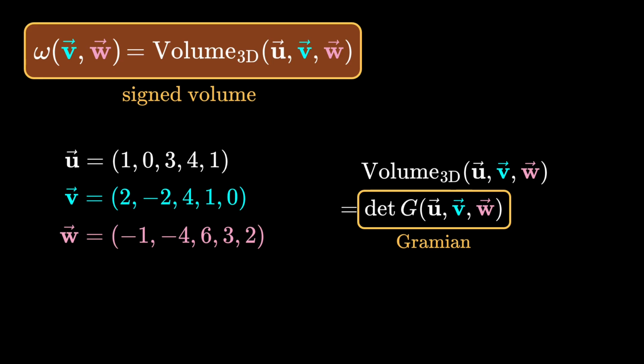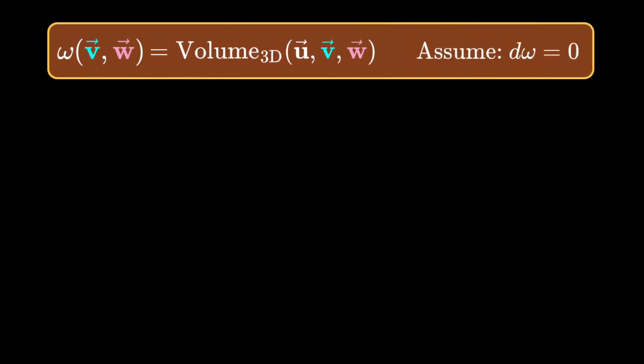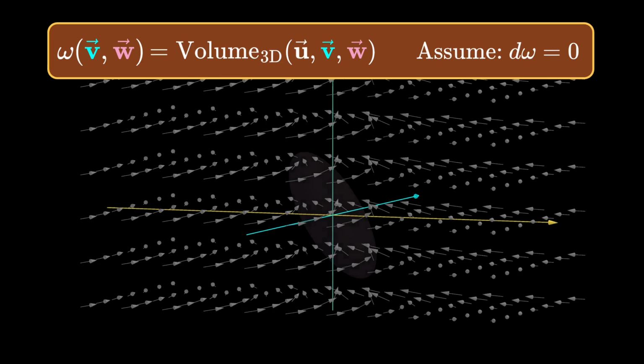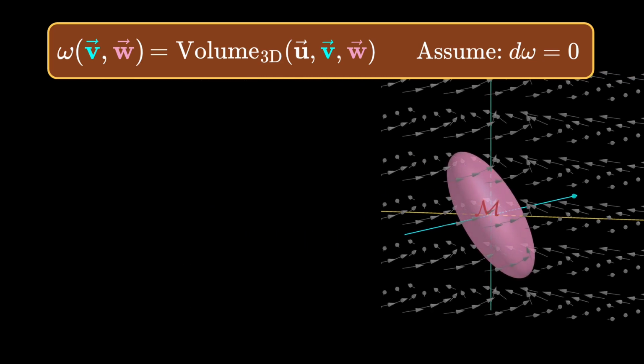Now we assume that d omega equals 0. In the 3D case, this assumption is equivalent to u being divergence-free. This is because in the 3D case, divergence-free means the integral of divergence over any volume M is 0.